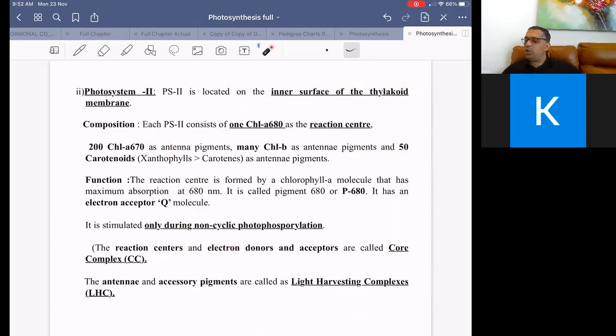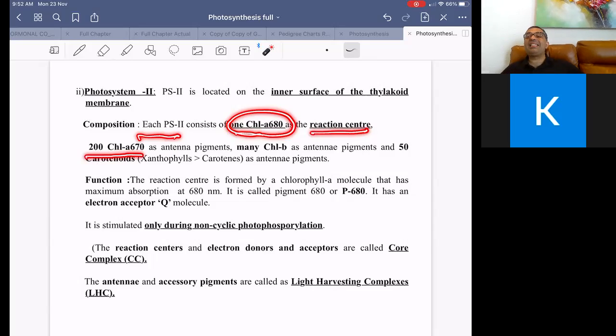And PS2 consists of one chlorophyll A 680 as the reaction center, about 200 chlorophyll A 670 as the antennae pigment, many chlorophyll B's as the antennae pigment, and 50 carotenoid जिसमें xanthophyll is greater than carotene. तो सब कुछ उल्टा है.